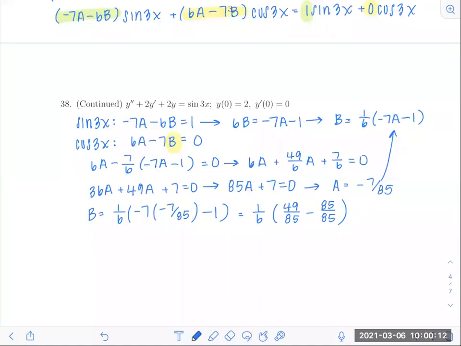So what's that going to get me? Let's see, that's a negative 36 over 85. 6 goes into 36 6 times, and so I get negative 6 over 85 for my b value.